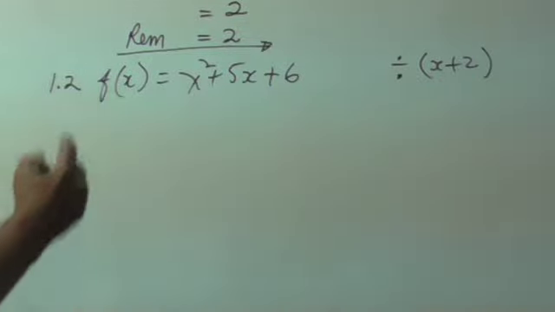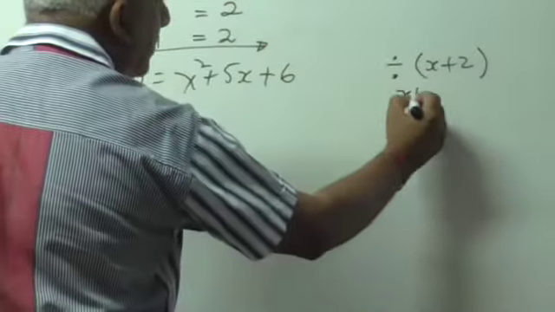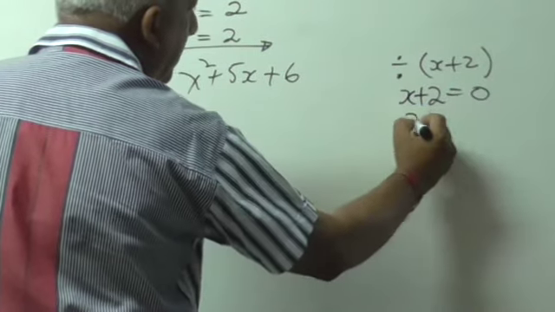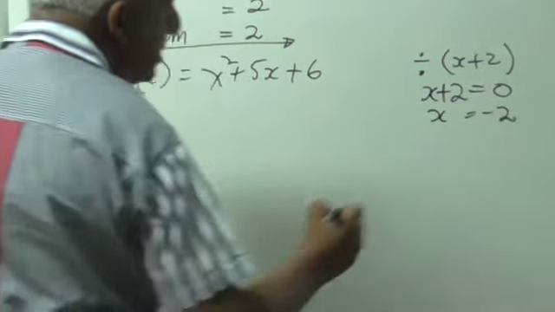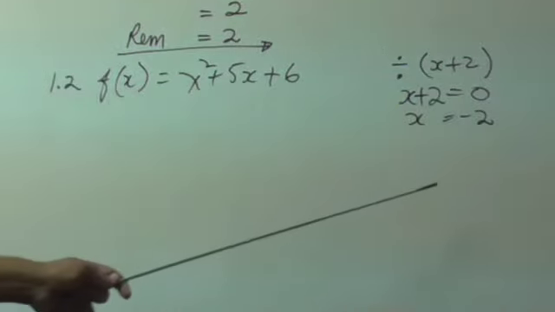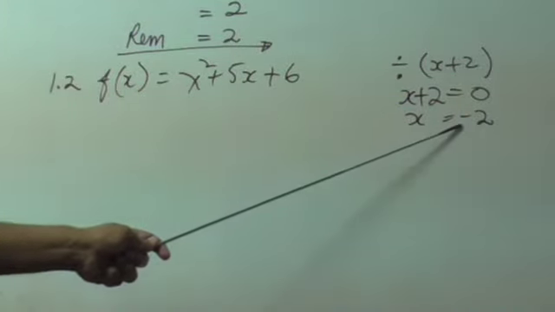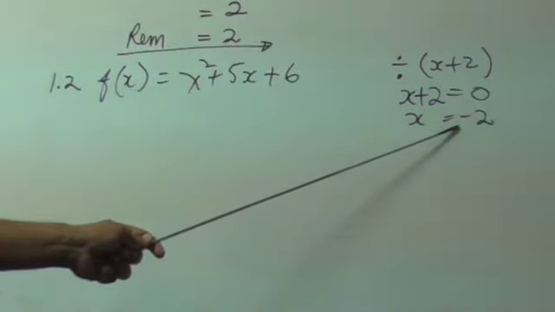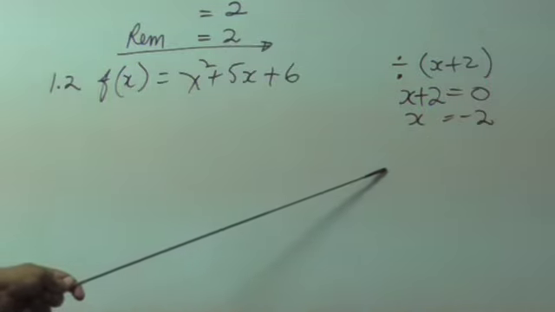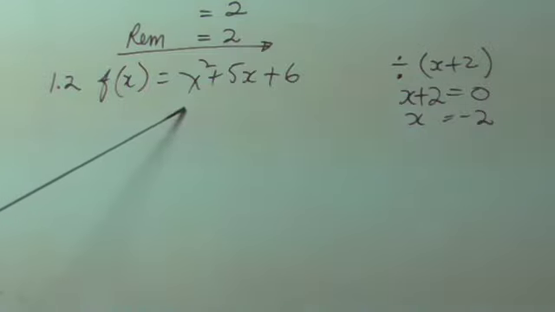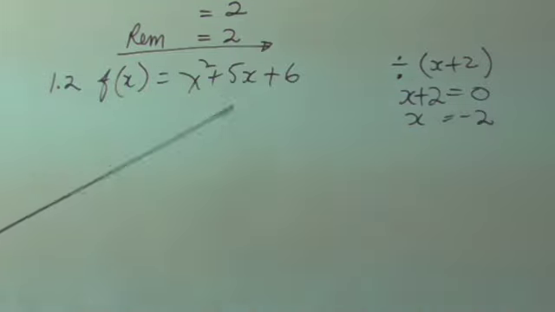Well, great. I hope you thought in your mind that I will have to write x plus 2 is equal to 0, x is equal to minus 2. Now I ask you, what will you do with this minus 2? Well, I'm glad if you are saying substitute minus 2 wherever there is x.